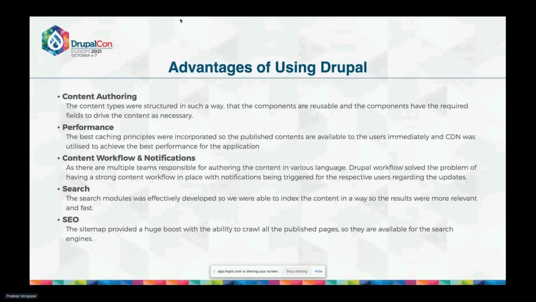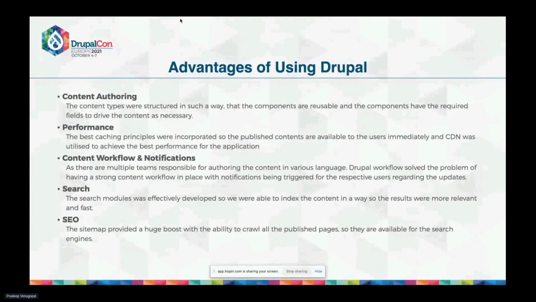And as I spoke about earlier, the content workflow and notifications were very helpful for people from different teams to work collaboratively to push those changes to production within a quick time.